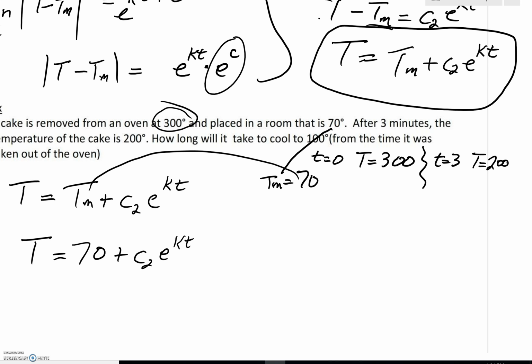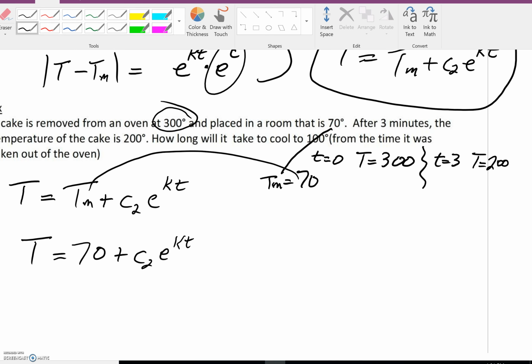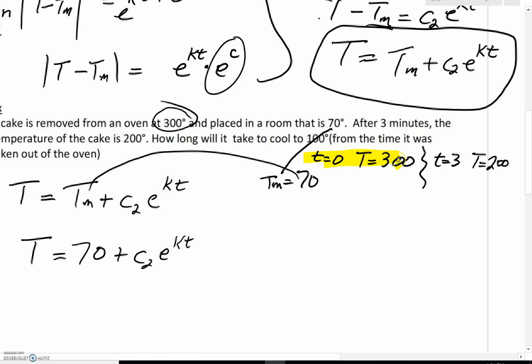Once we use our data to get our specific particular equation, then we can answer how long will it take to cool to 100 degrees Fahrenheit from the time it was taken out of the oven. So let's use our first data point and see what it gives us.